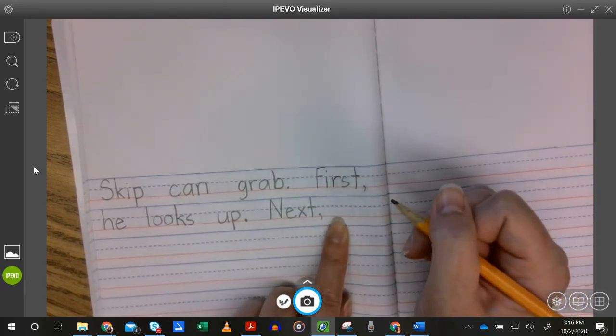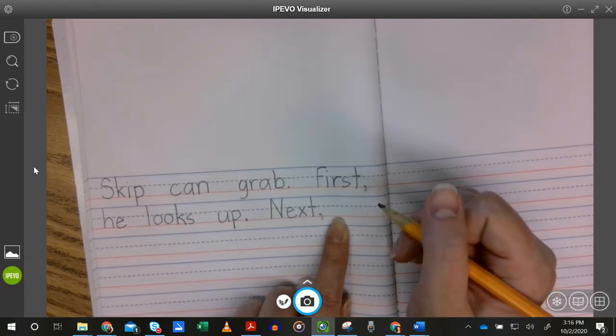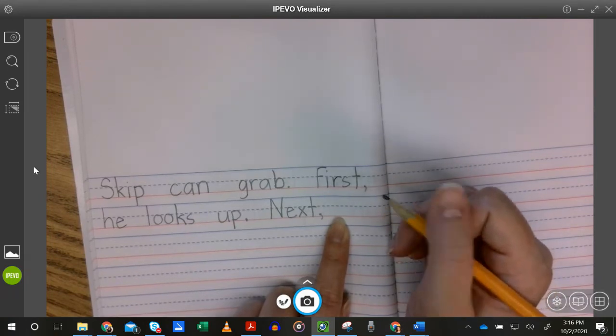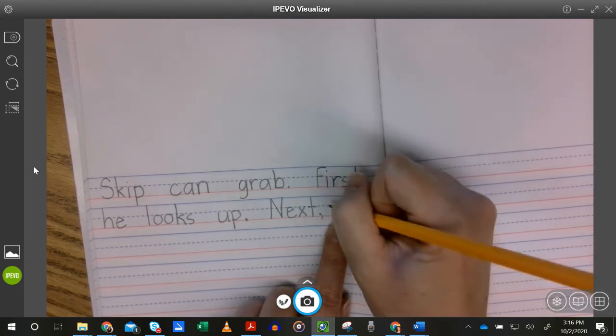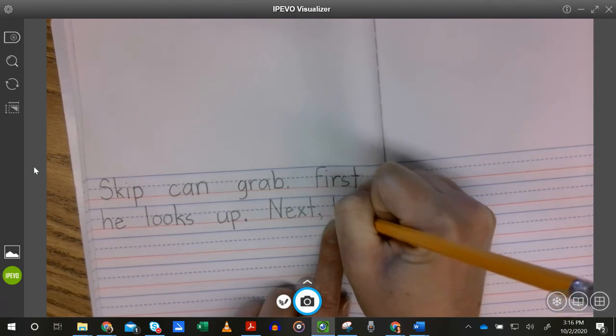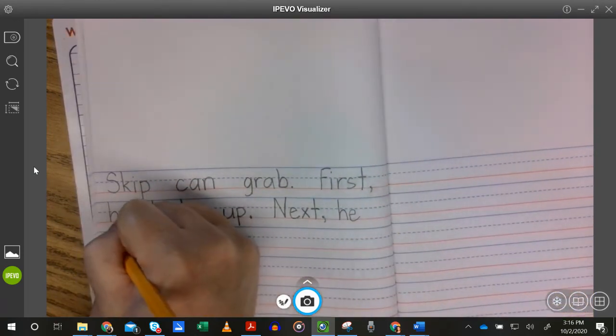So would you say he reaches his arm or he lifts his arm? Which one do you think is better? You use the one you think is better. Either one would work. I think I'm going to go with lifts. He lifts.